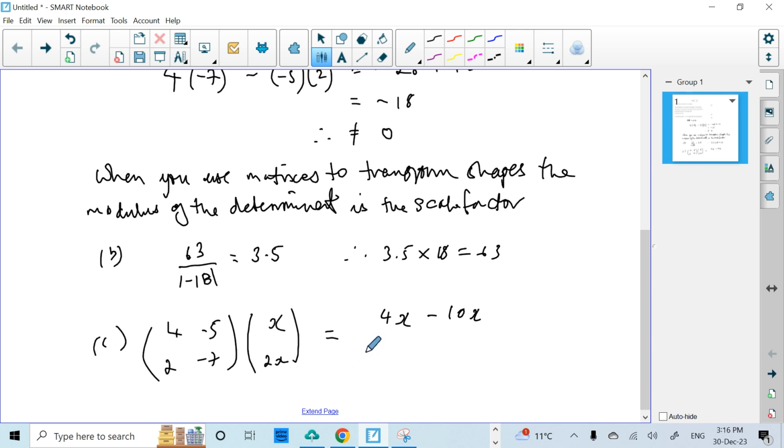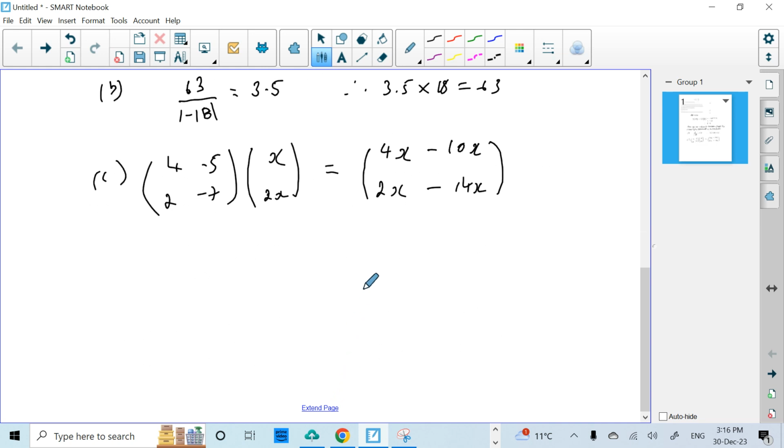And on y we'll have 2 times x minus 7 times 2x, so 2x minus 14x. So that will give us minus 6x and minus 12x.